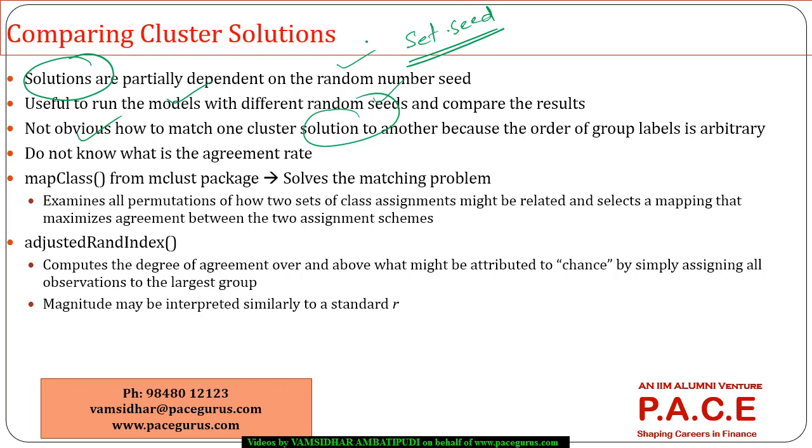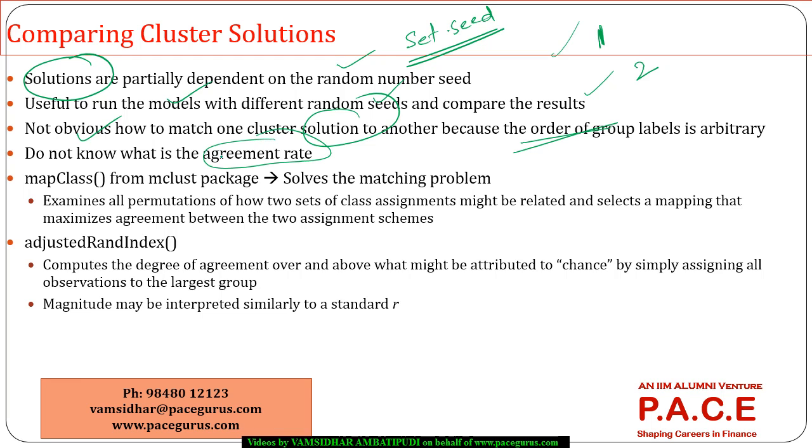Even if I know how to match the clusters, cluster 1 in the first solution may be the same as cluster 2 in the second solution, because the names of the clusters have no meaning here. Which group is to be called cluster 1 there and which group cluster 1 here, we don't have any consensus.